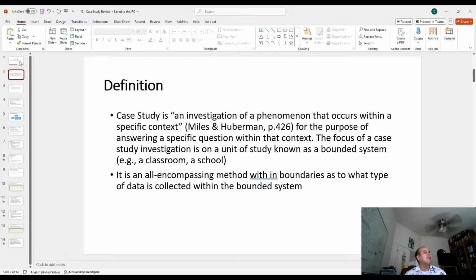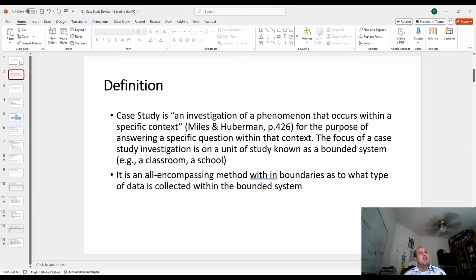The focus of a case study investigation is on a unit of study known as a bounded system: a classroom, a school, a university, a fraternity, any different types of group, a gang, high school kids at Sunnyside High School, whatever it is that you're going to study, you should be able to put parameters around it. And once you do that, you have yourself a case study.